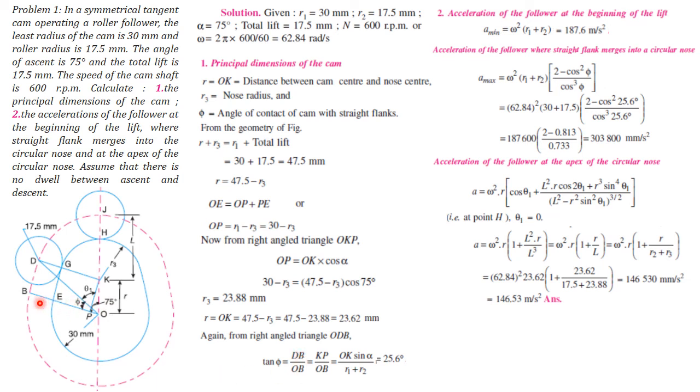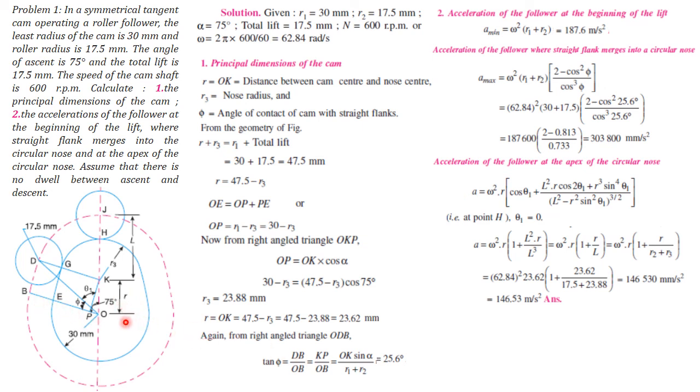So in this triangle, that is OBD, tan phi, tan is nothing but opposite upon adjacent, so it is BD upon OB, and that is also equal to KP upon OB.